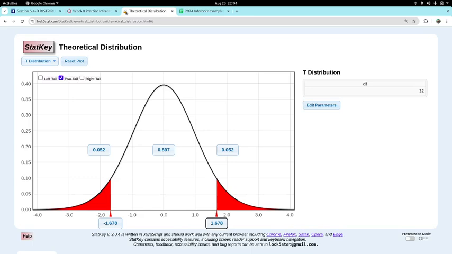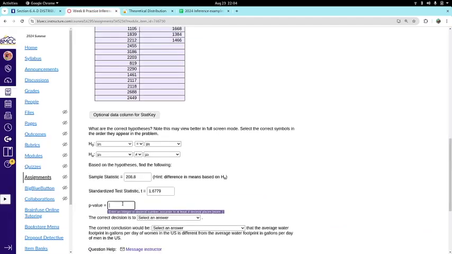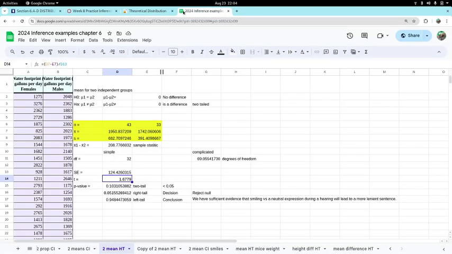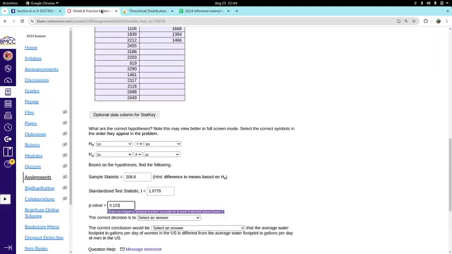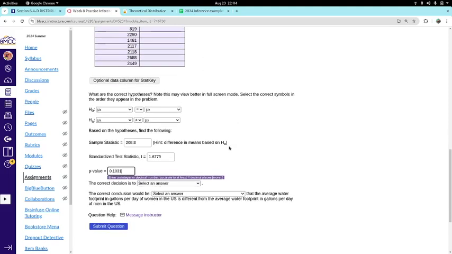How many decimal places do we want here? 4 decimal places, so 0.1031. And again, you can always have the spreadsheet confirm your rounding by increasing or decreasing the number of decimals displayed. And that's a rather large p-value, so we're going to fail to reject the null hypothesis.